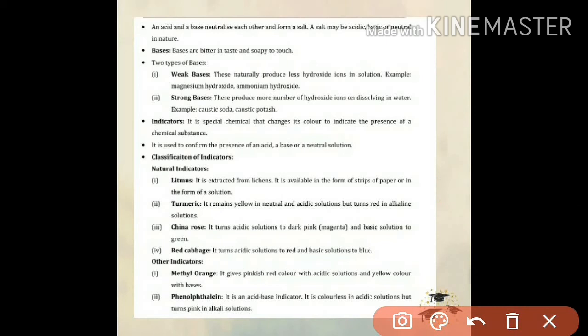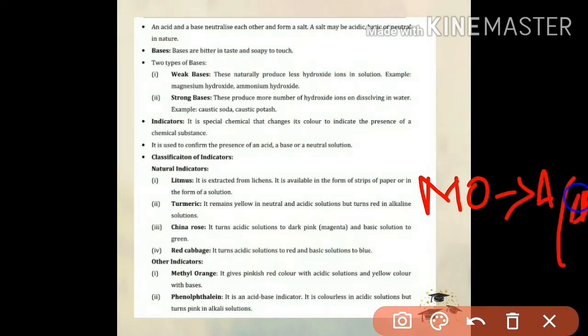Other indicators as methyl orange, referring to methyl orange here as MO, acid as A, base as B. In methyl orange, the acid turns pinkish red. I am writing pinkish red as PR, and base turns yellow.